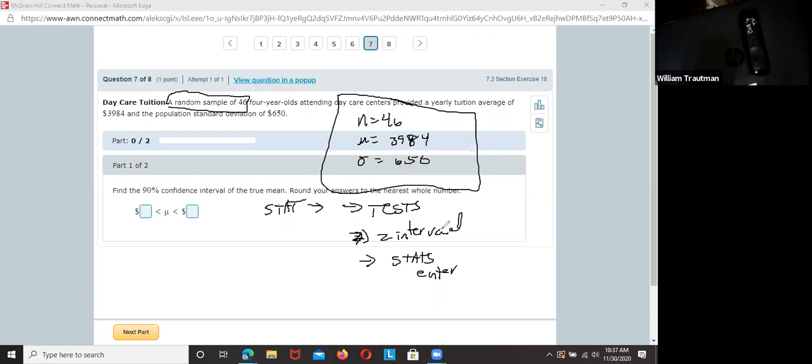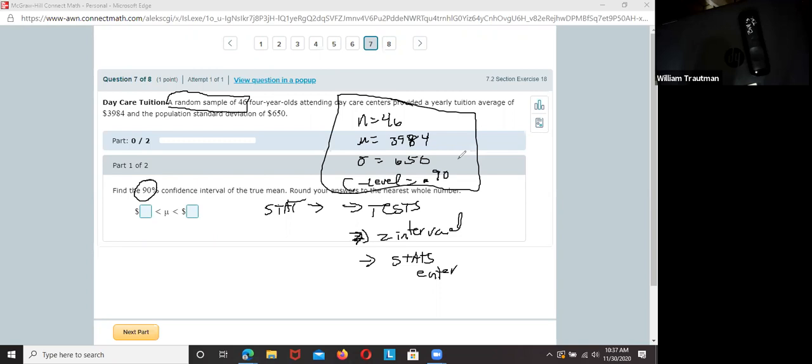Our confidence, it said, a random sample for attending a daycare center provide a yearly tuition average. Oh, I was looking for the percent confident. It's down here, 90%. And you do have to type in that confidence level also. Now that's what I was missing. 90%, 0.90.